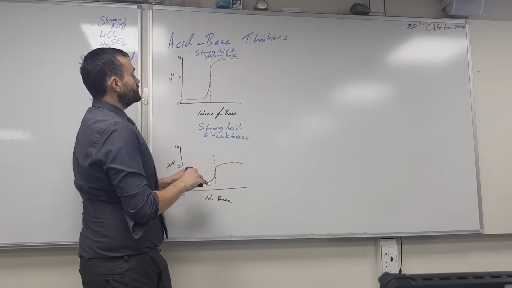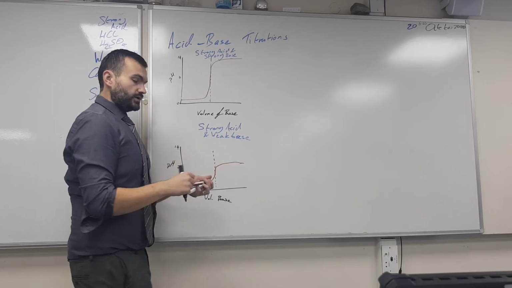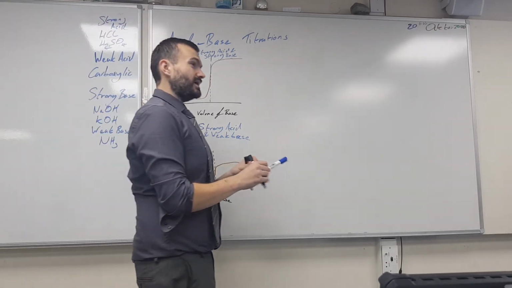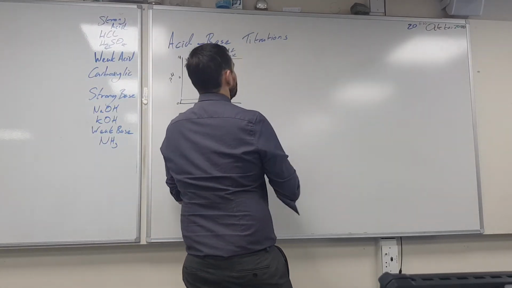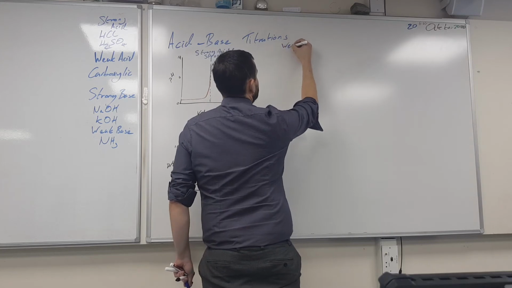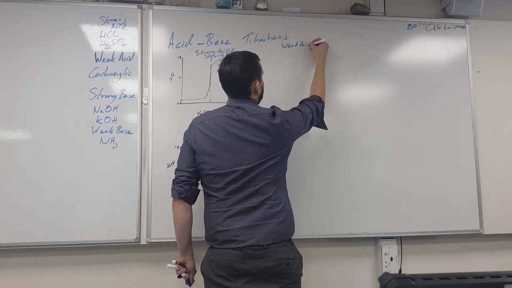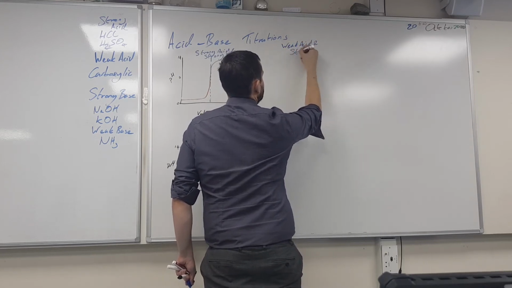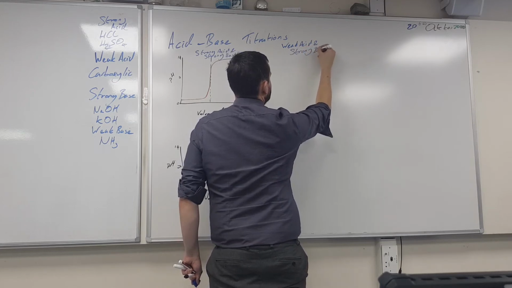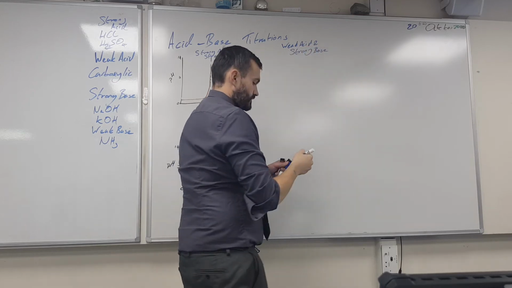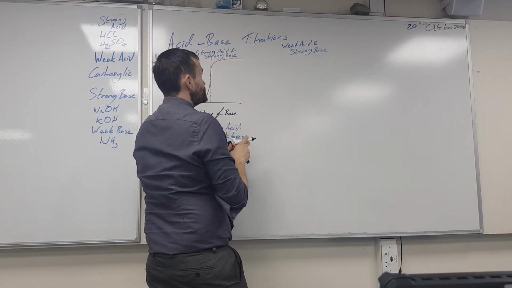So now we can draw a weak acid. Your weak acids are probably going to be your carboxylic acids. So weak acid, and we're going to have a strong base. So again, we're going to draw our axes.